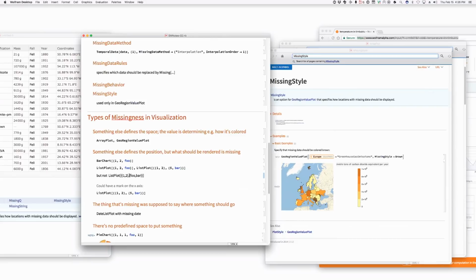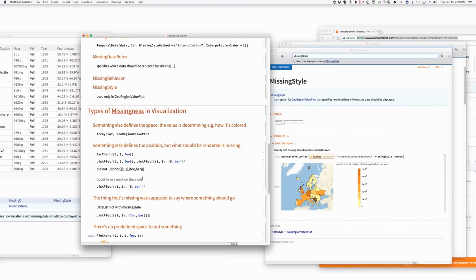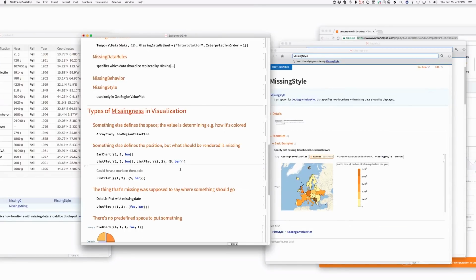But this one is hopeless. That one possibly, going back to your concept of pools or something. Yeah, we just have some collection of gray points off in the corner or something. Right, but let's consider this case here. That could have a tick on the y-axis.